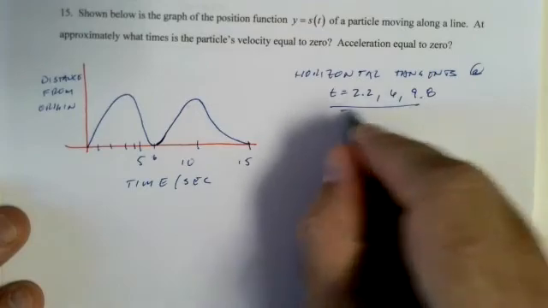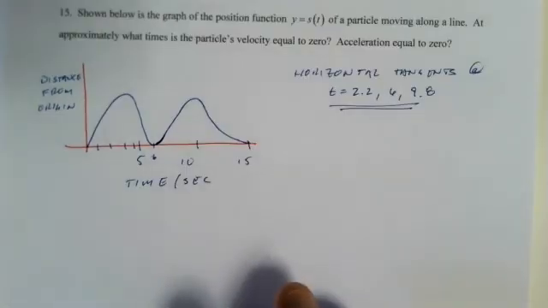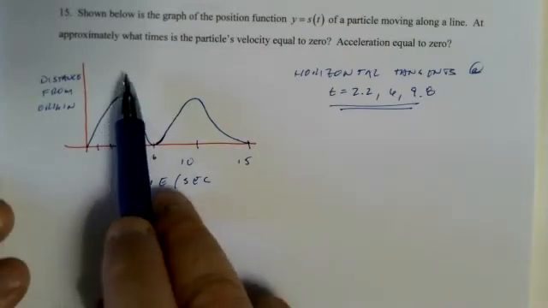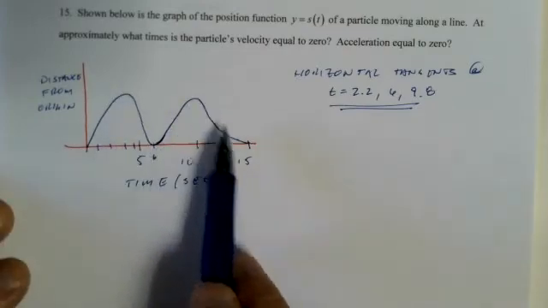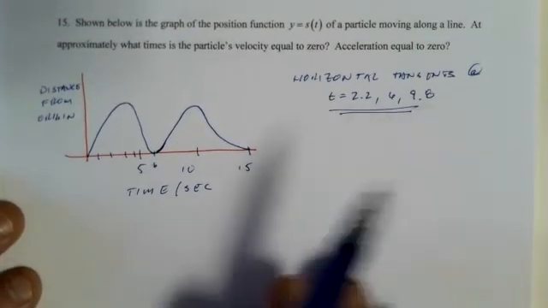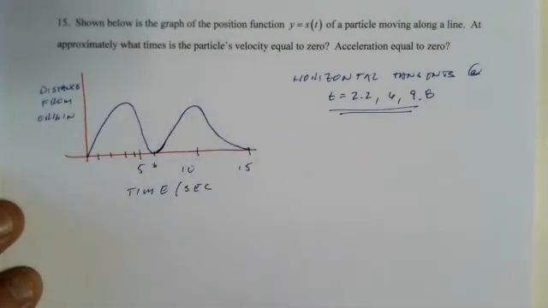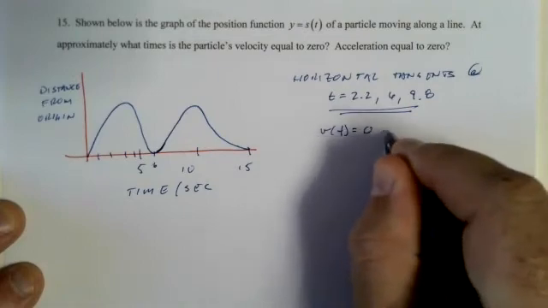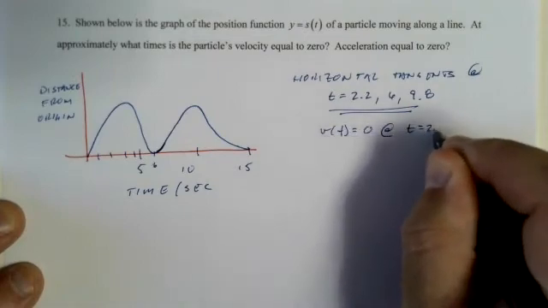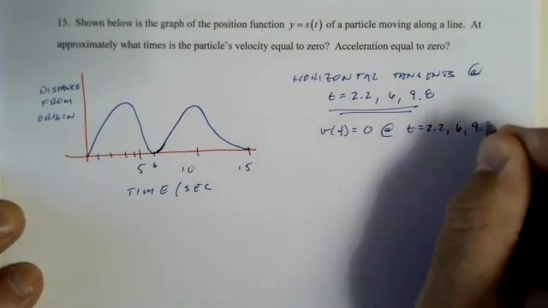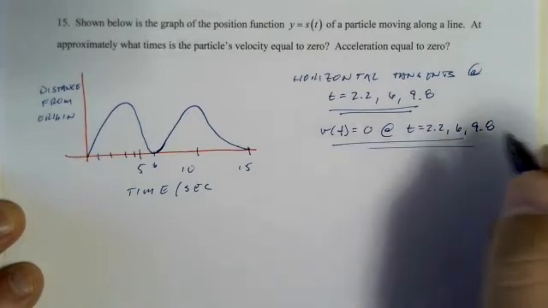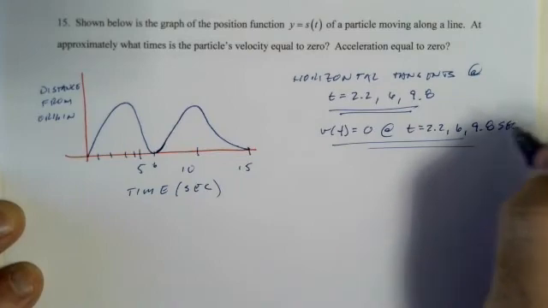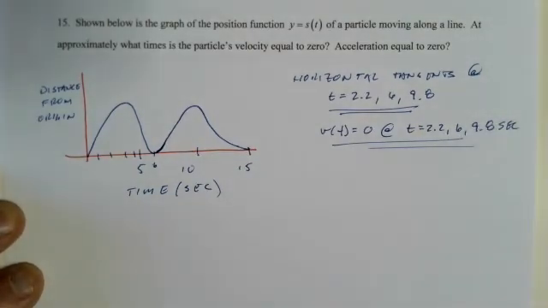Apologize for the crummy graph. What does that mean? Well, this is the distance from origin, so it is going away, it's coming back, it's going away, it's coming back. So when is the particle's velocity equal to 0? v of t equals 0 at t equals 2.2, 6, 9.8. And I will write seconds because it did give me units, although it doesn't say the distance.